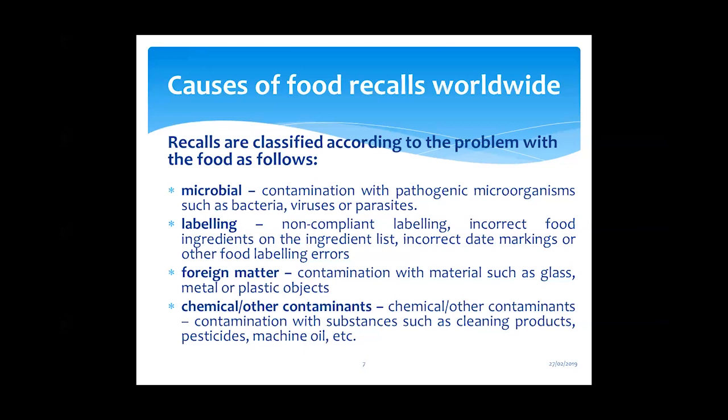The other contaminants could be pesticides. If the levels of pesticides are high in vegetables, again, it's very important that pesticides are within the maximum residue limits, and also food-grade lubricants like machine oils, etc. It's important that the right quantities are used.